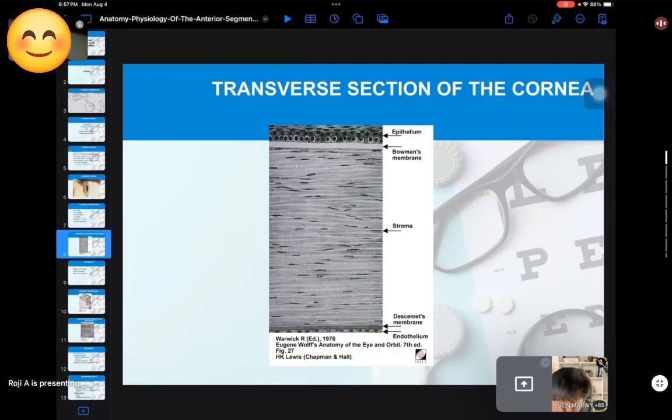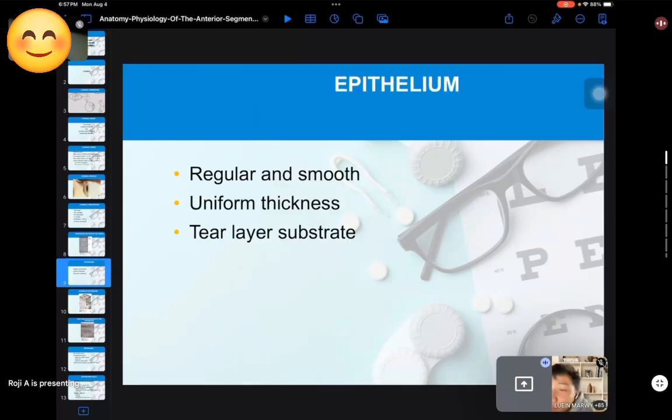Then you have the Bowman's membrane, the stroma, the corneal stroma, so that you can finish the A, B, C, D, E. And then you have the Descemet's membrane and the Dua's layer there, as you can see. Then the endothelium. So that is your cornea transverse section.